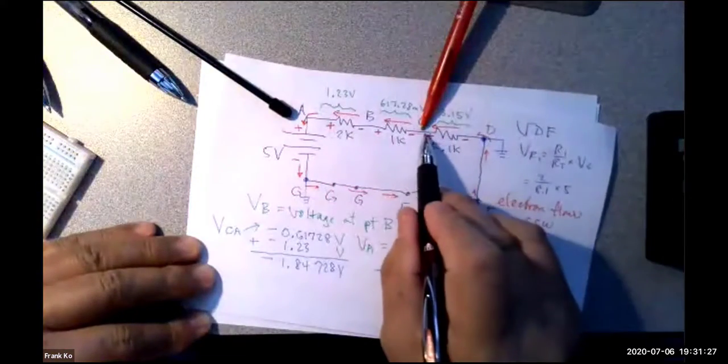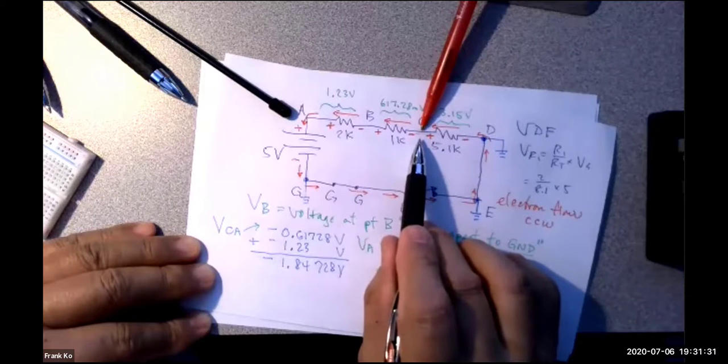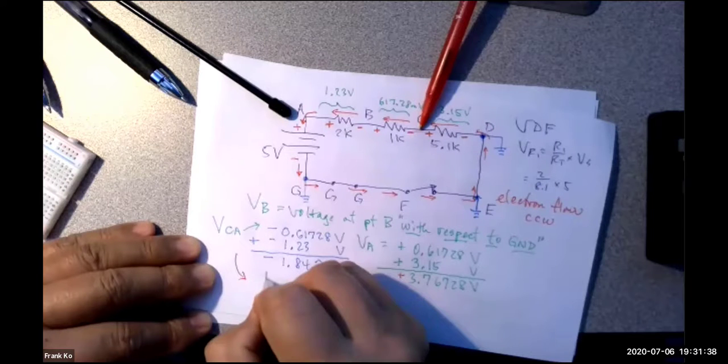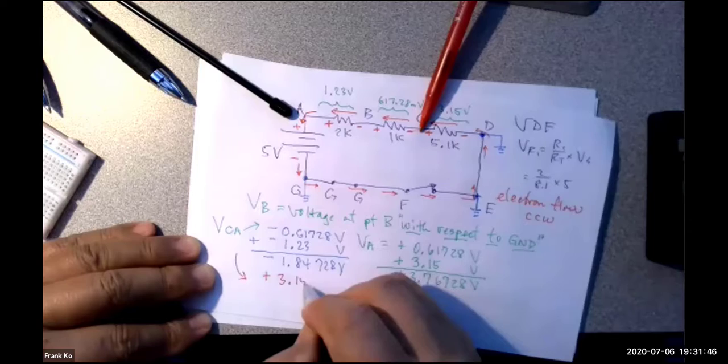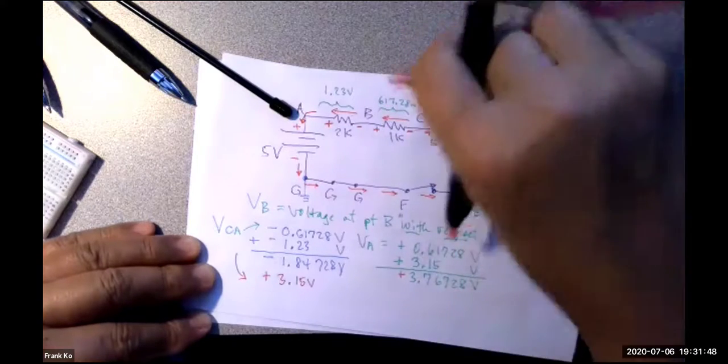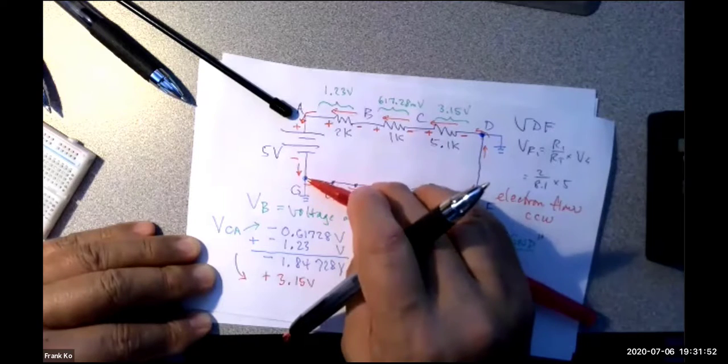If I go the long way around, what's the very first polarity the red probe sees as I go to the right? Positive. Okay. So this will be a positive. How much voltage do I have here? 3.15 volts. I now have gone through it, and now the red probe continues until it runs into another voltage.